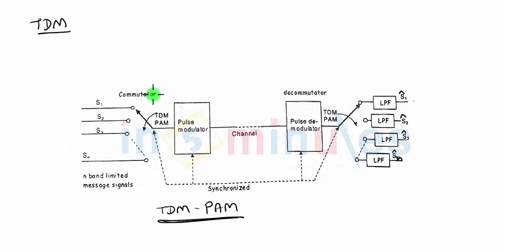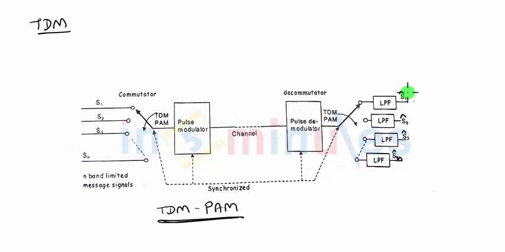That is because in sampling, you are not transmitting the entire signal, you are only transmitting the samples of the signal. So whenever the recovery takes place, you cannot get the exact shape of the original signal back. So sampling process, please remember, is always a lossy process, and what you can achieve is the approximate representation of the original signal. So S1 will be generated as S1 cap on the output side.